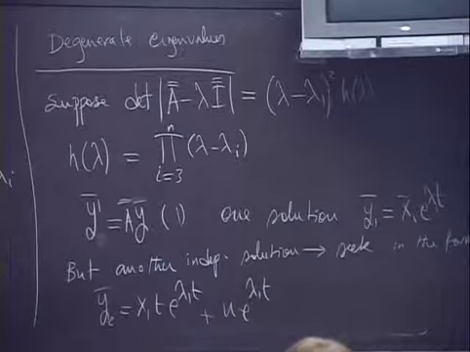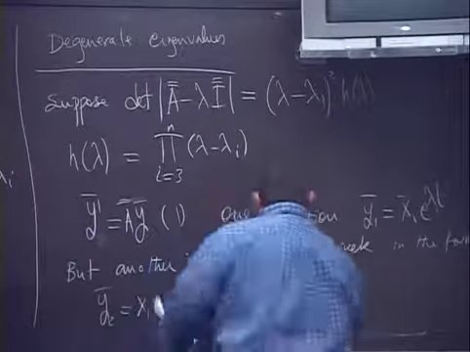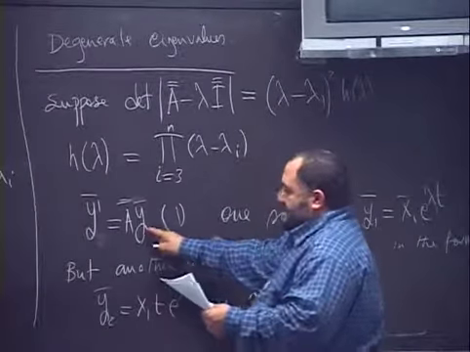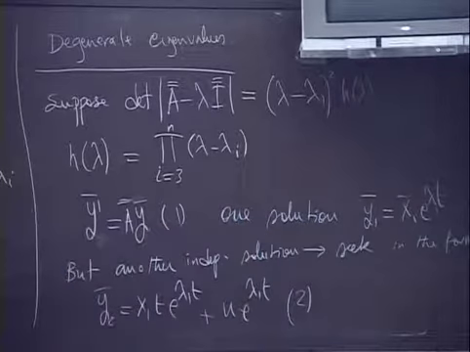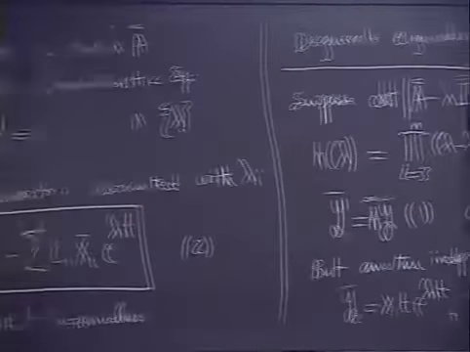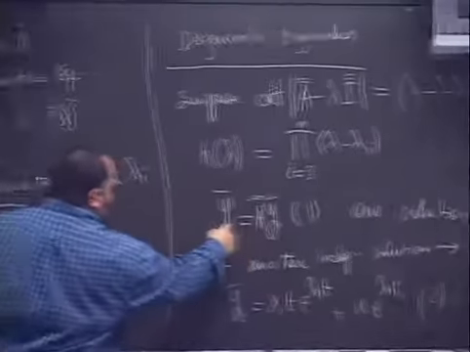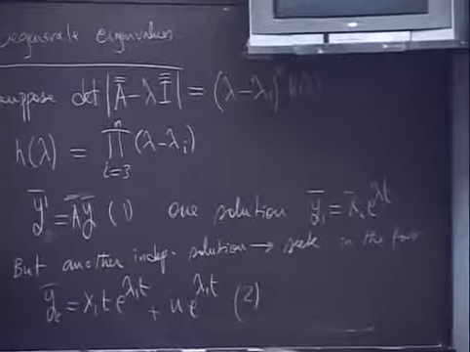Let's call this one 2, and this is the differential equation, 1. So all you will do is just substitute 2 into 1. You have y2, and you have to differentiate it, because when you substitute, you need y prime.